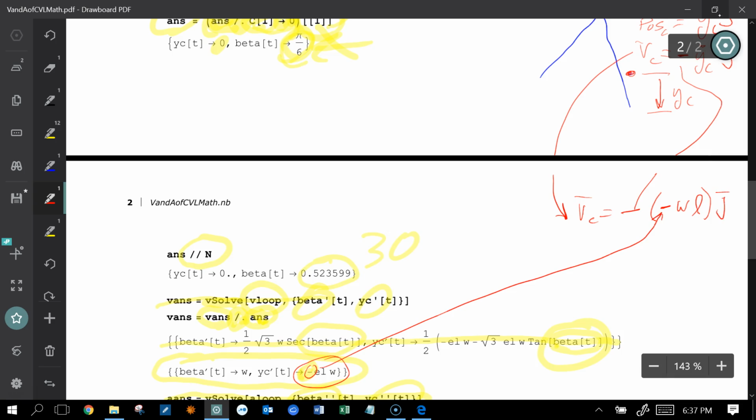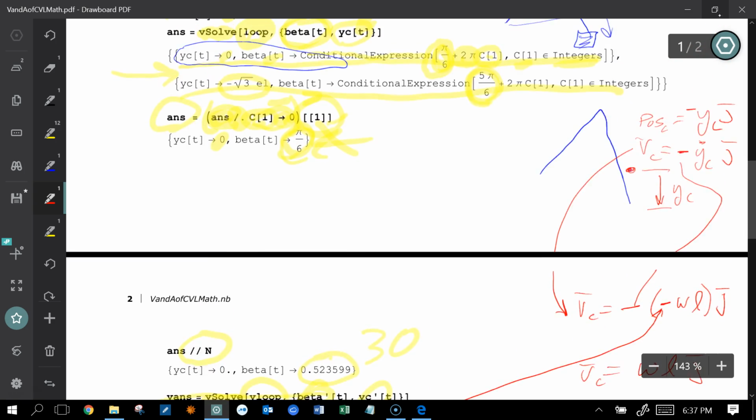So VC is equal to negative negative, plus omega L J. He's going up. What's the acceleration of C?